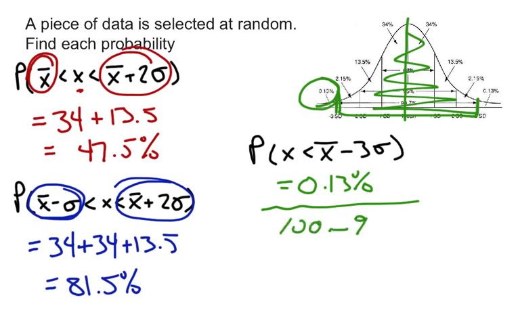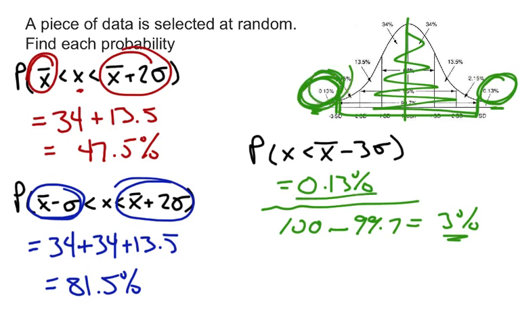So if we took 100 minus 99.7, we're left with 0.3%. And that 0.3 gets split up below 3 standard deviations below and above 3 standard deviations above the mean. Which, if we added these two up, you're like, but Mr. Tell, that only makes 0.26. Well, guess what? That kind of rounds to 0.3. But using our table here, we'll just use that 0.13 to get our percent.